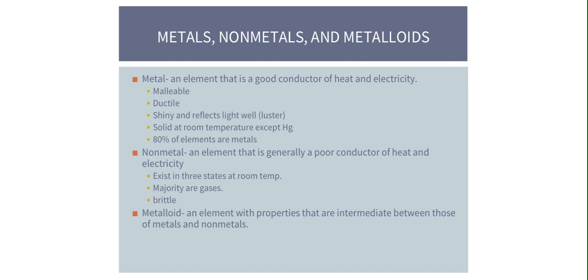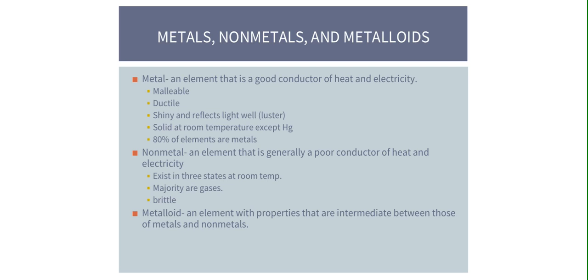So metals, we know they're solids at room temperature. Well, that's not the same for nonmetals. Nonmetals can be solids, liquids, or gases at room temperature. A majority of them are gases, but not all of them. So some of them may be brittle, but not all of them.